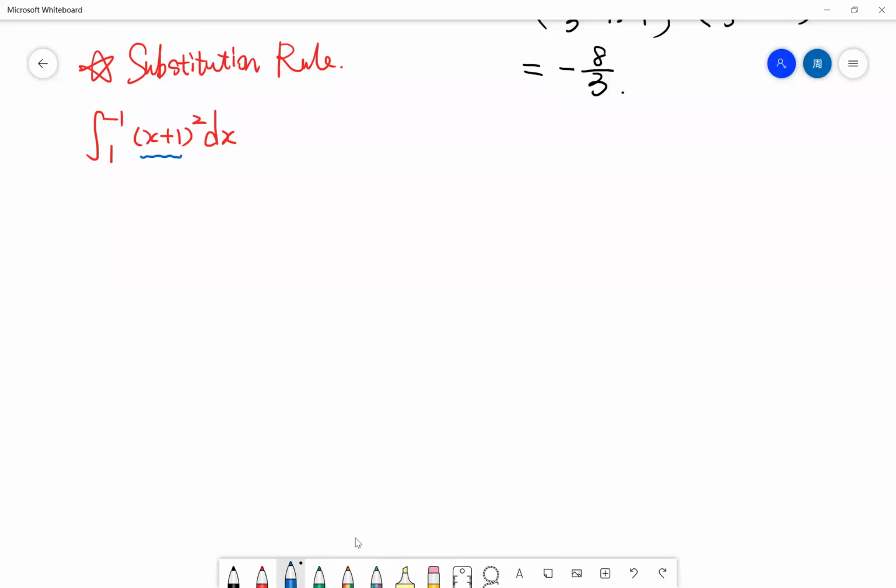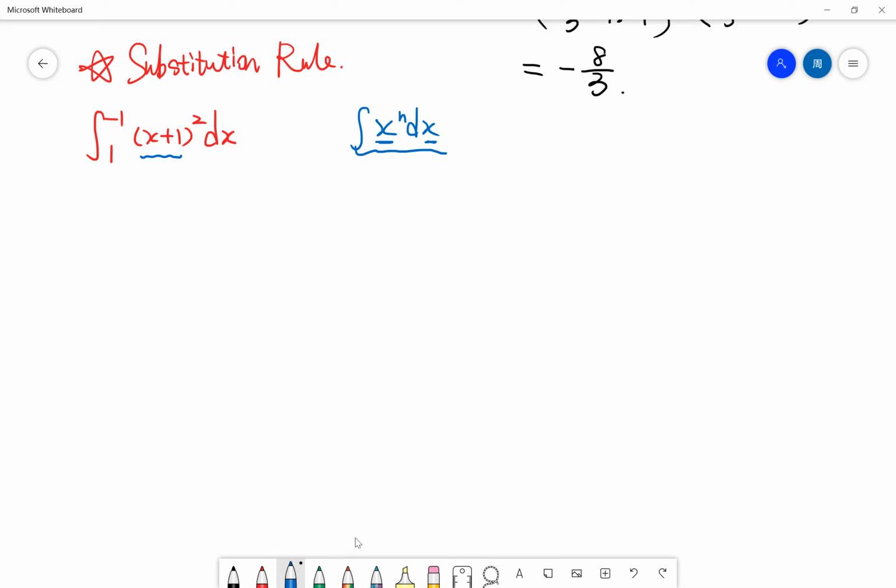Then we can use the formula directly. Remember that? So from this one, we want to use this formula directly. So this part and this part should be the same. Then we can use this formula directly.